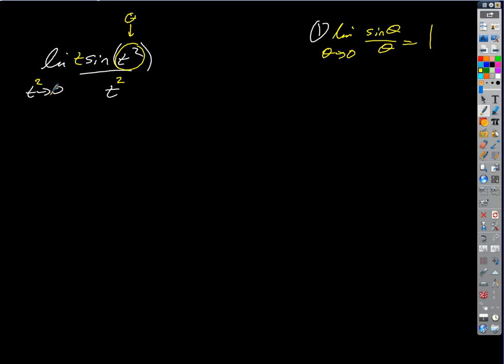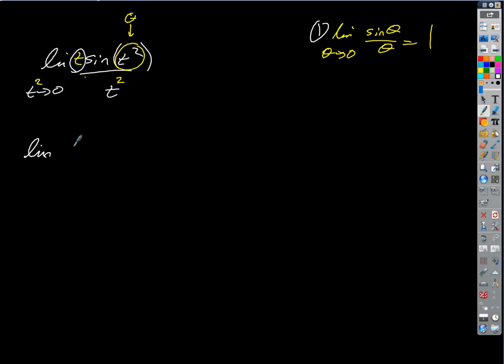I could break this into separate limits, and one of my limits is going to be sine theta over theta as theta approaches 0, right? Everybody see that? So at this point, I can break this, and I'm going to write it out as separate limits here. Sometimes that's a good shortcut that you can take in the future, but let's break it apart this time. So now I've got this t by itself, right?